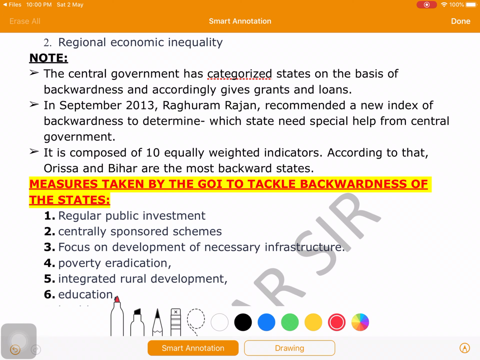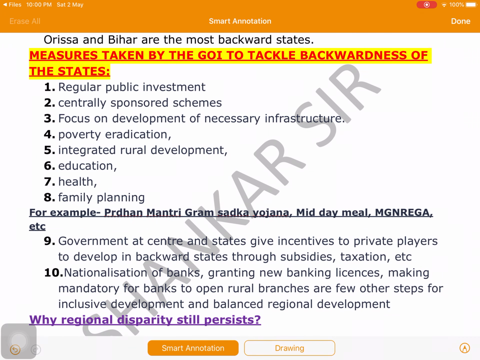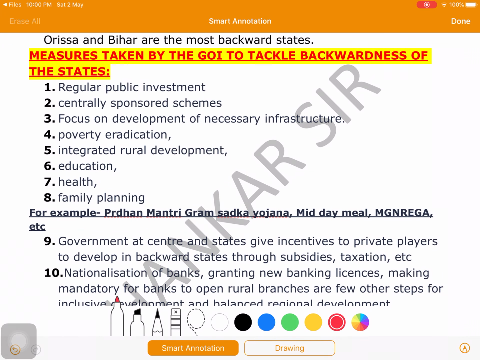Obviously, the first one is regular public investment. So what exactly is it? Regular public investment is where, directly with the intention of providing social welfare, the government of India is budgeting. That is the point.